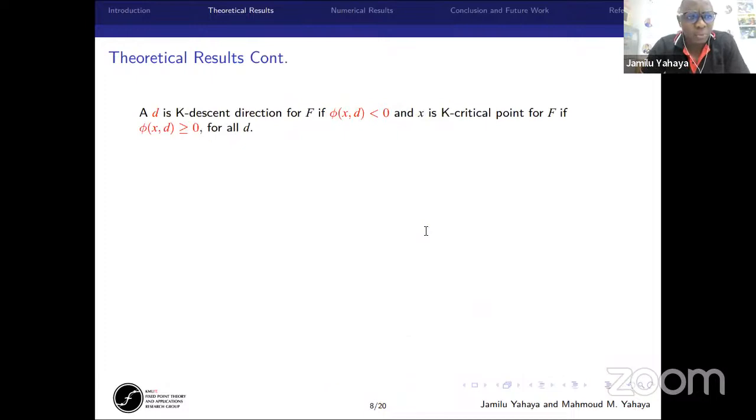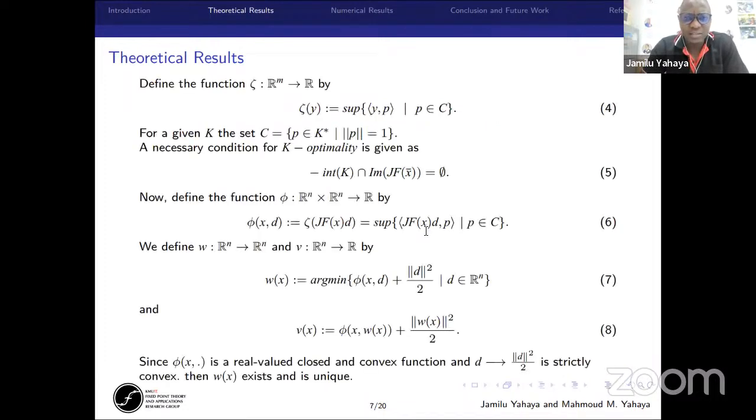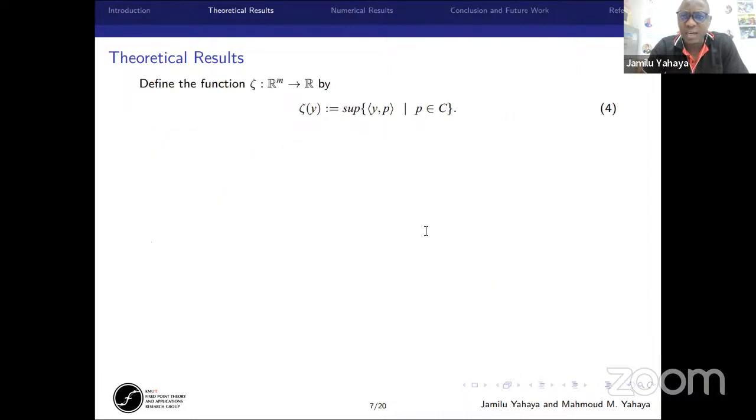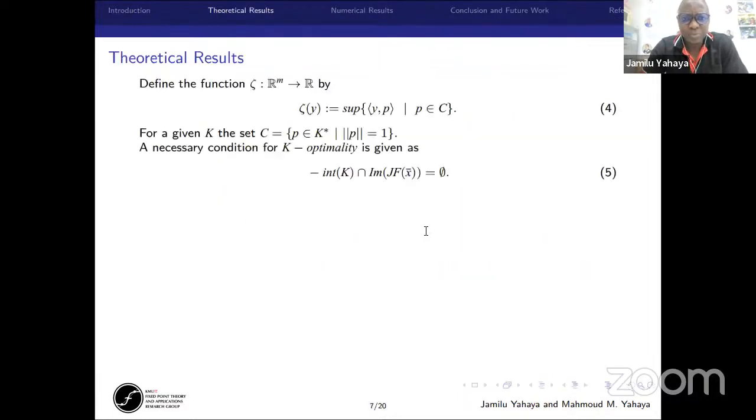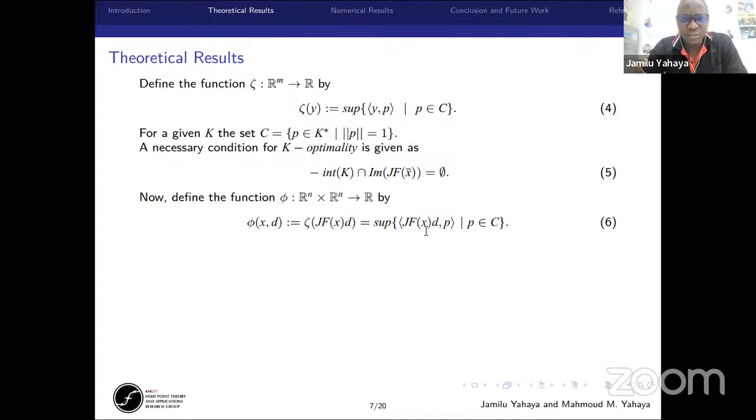Then one other important property, as I have mentioned in the previous slide, is that in equation 5, if this criterion is fulfilled, then we have a K-critical condition, and then we have the solution.